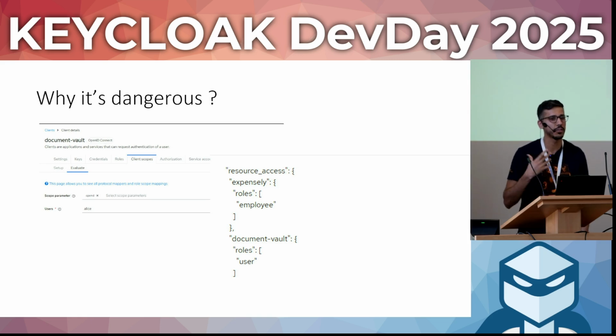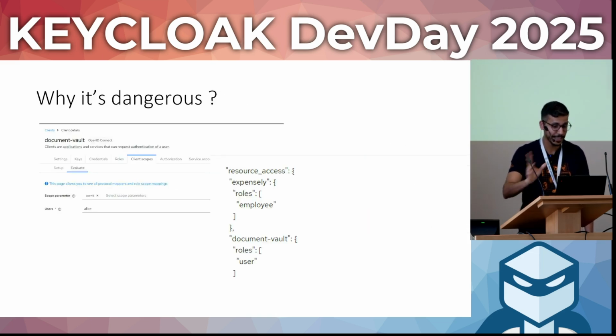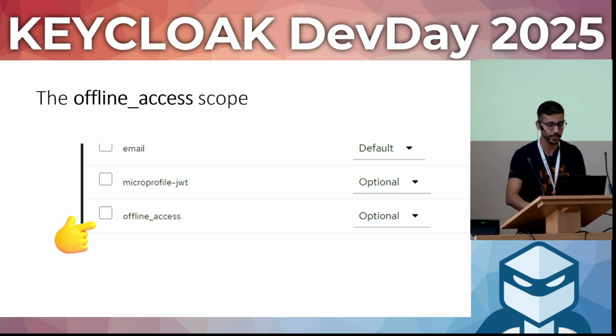And this is due to the scope roles, which is also available by default. So as an attacker, if I manage to compromise the first application, Document Vault, I can easily switch to the second app, since I have everything, all the scopes, included in the same token.